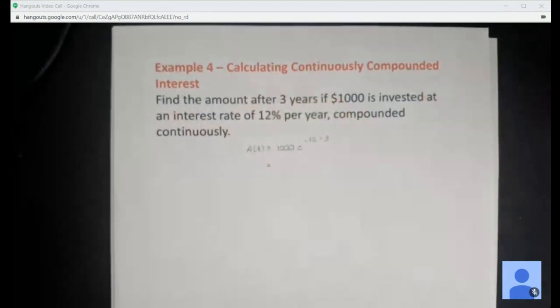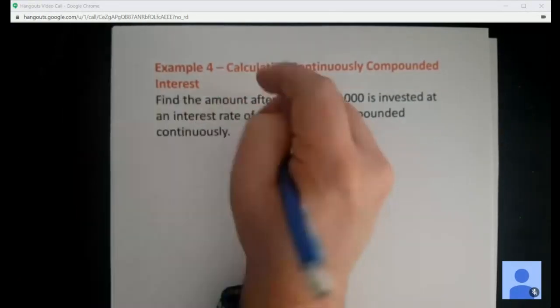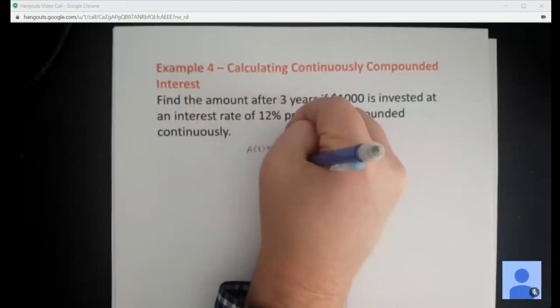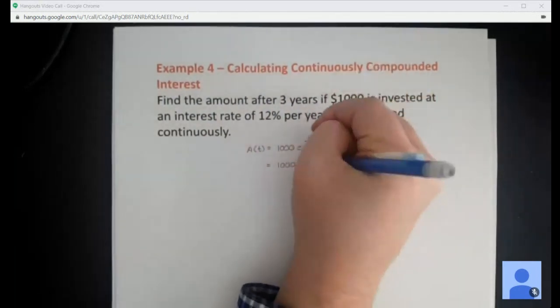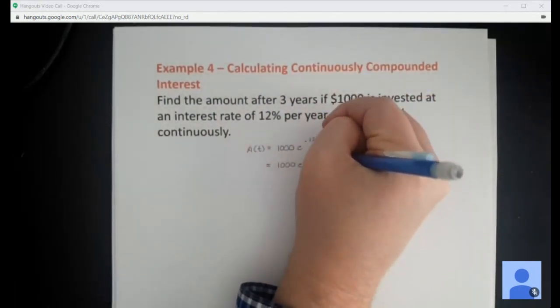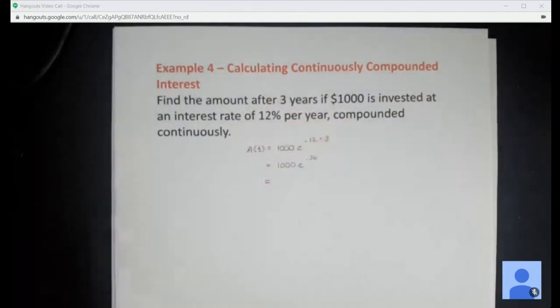Now again, if you want to put all that in the calculator together, that's fine. Just make sure your exponent is all grouped together. If you want to simplify the exponent first, that's fine too. So 0.12 times 3 in this case would be 0.36. And so we're doing 1,000 times e to the 0.36 power.